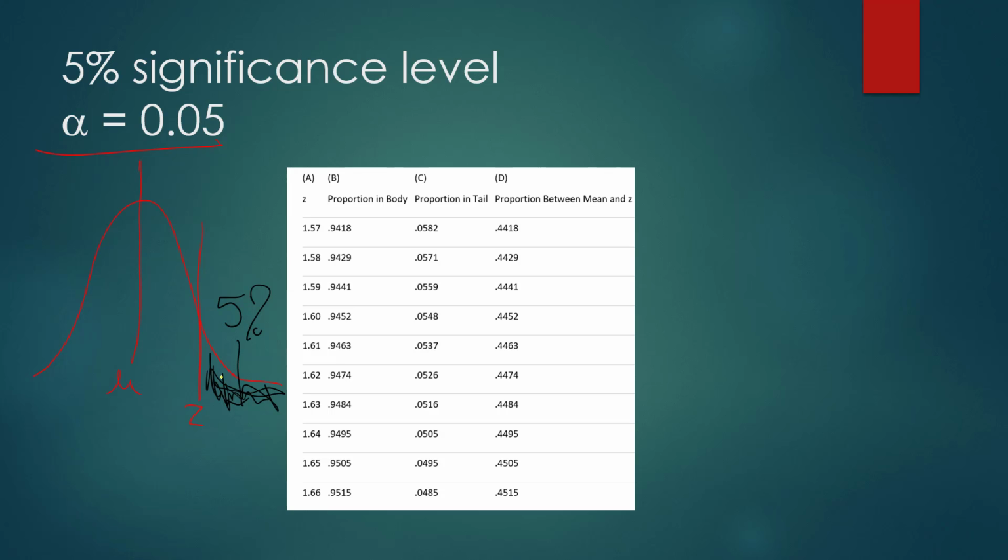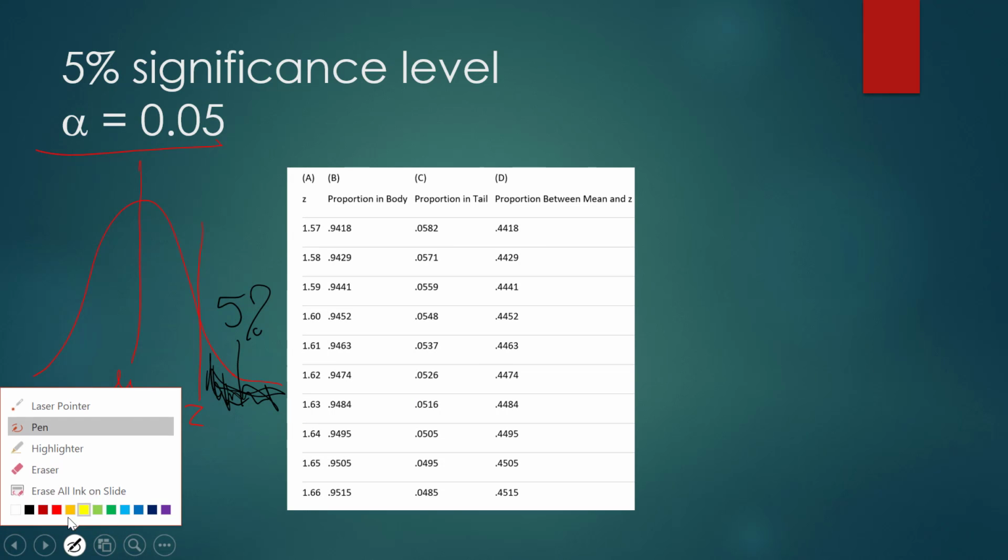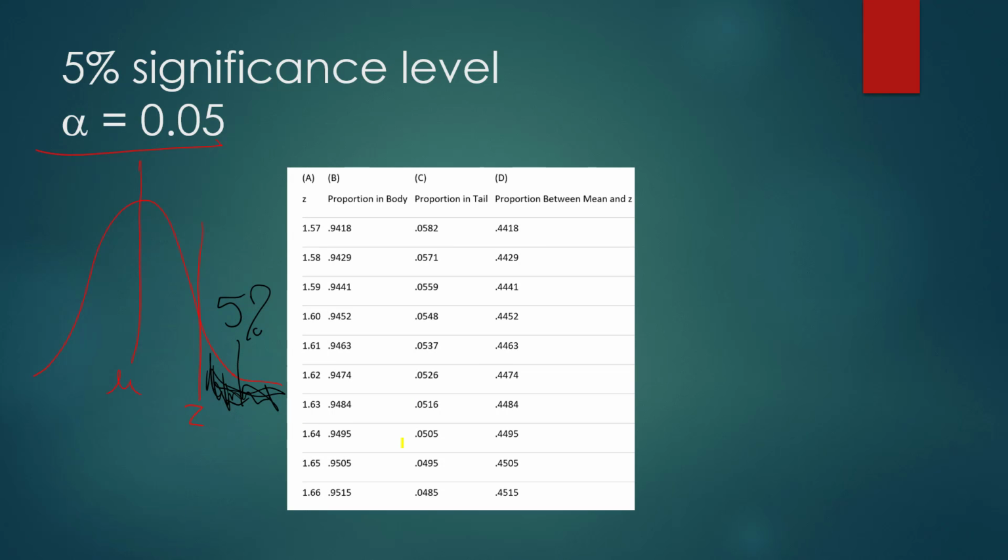So, if we look over here, and we look at our table, we need to find that 0.05. And so the value we're looking at is going to be, we're going to go down here. So these are roughly about the same distance from that number 0.05 that we're looking for. So we're going to take the one that includes a smaller probability versus a higher probability.